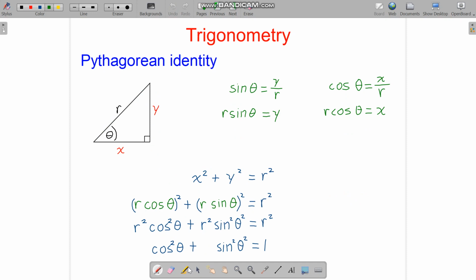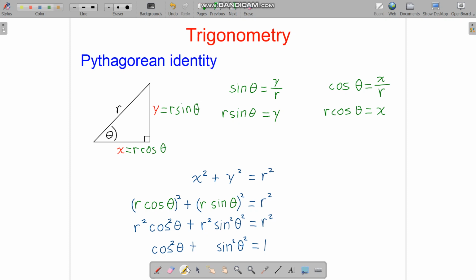The Pythagorean identity. Let's say we have this triangle, hypotenuse, the opposite, the adjacent. Using the definition again, sine theta is opposite over hypotenuse, which means y is r sine theta. Using cos we get the same thing here, x equals r cos theta.